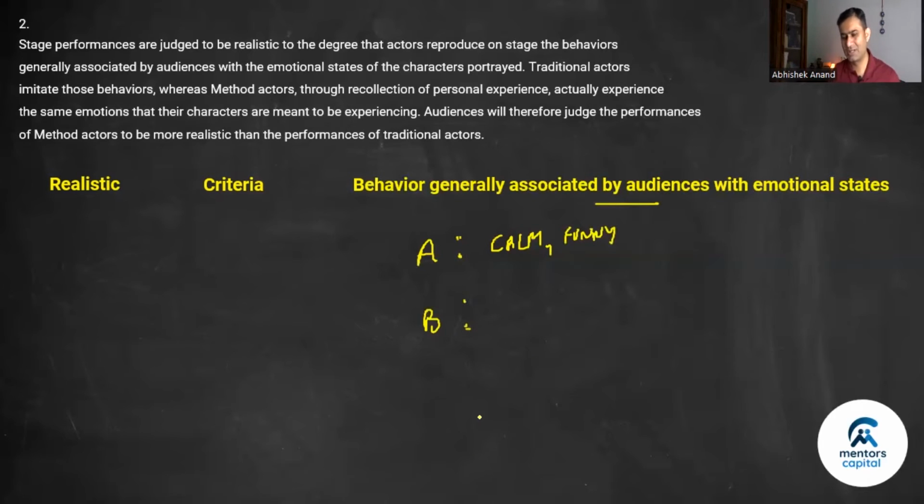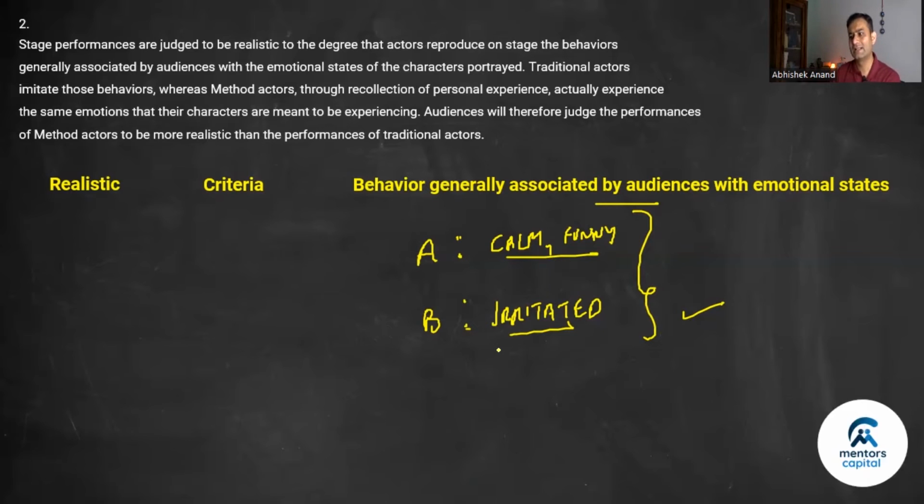And actor B is not that great an actor, but he shows a teacher as someone who is really irritated. Between these two actors, who will the audience consider the more realistic performer? Yes, it will be B, because B's performance shows a teacher as someone generally associated with a teacher. The audience considers a teacher to be generally irritated. That is how B has portrayed a teacher. So this role will be considered more realistic. The criteria is not how well you act. It is the behavior generally associated by the audience with emotional states.